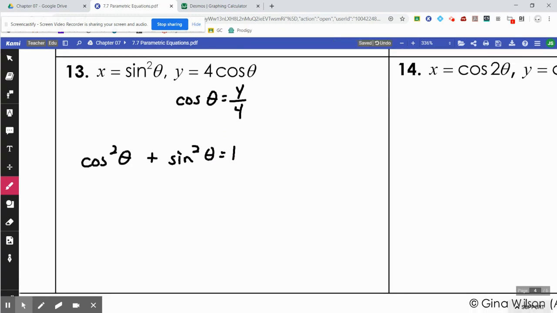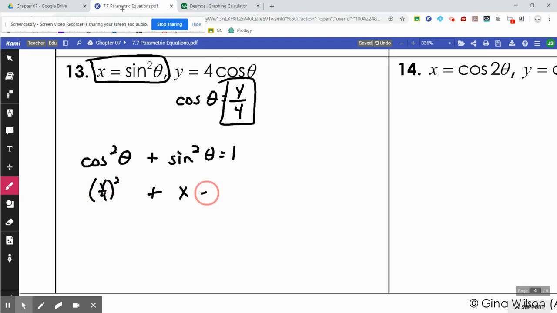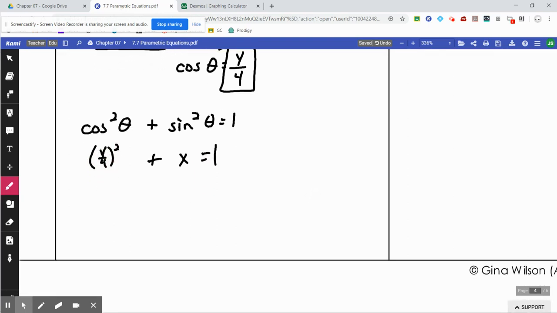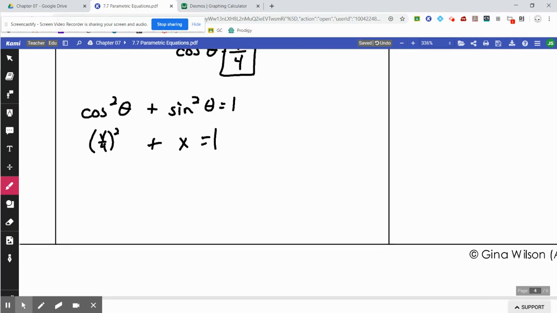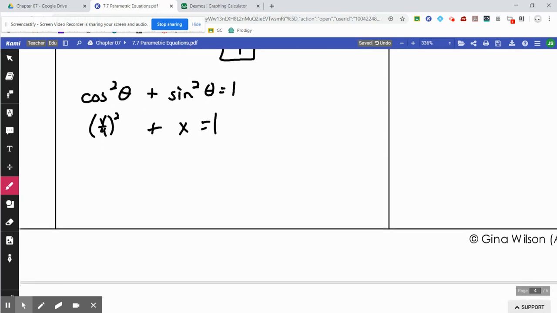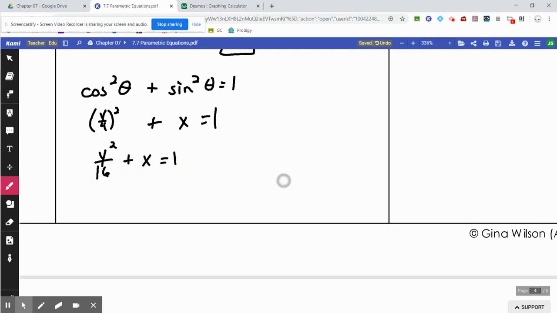Now notice here it says sine squared is equal to x. So we're going to take that sine squared out completely and put an x in its place. We know that cosine is y over 4, so cosine squared will be (y over 4) squared, and that's equal to 1. So in this case, we're not going to have an ellipse. We have y squared over 16 plus x is equal to 1.